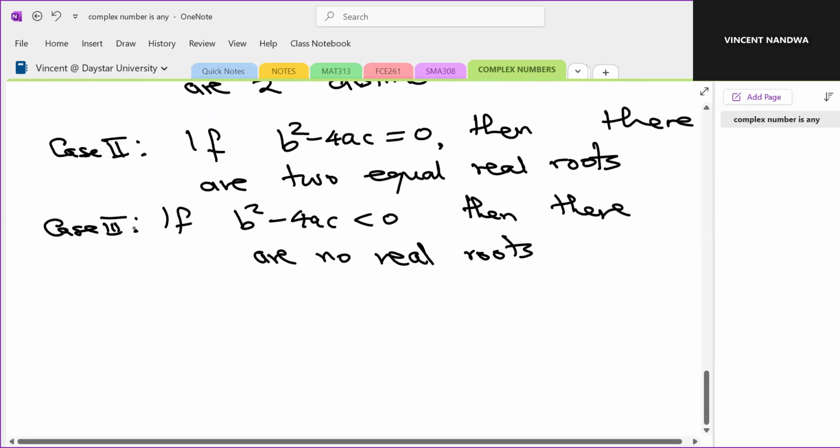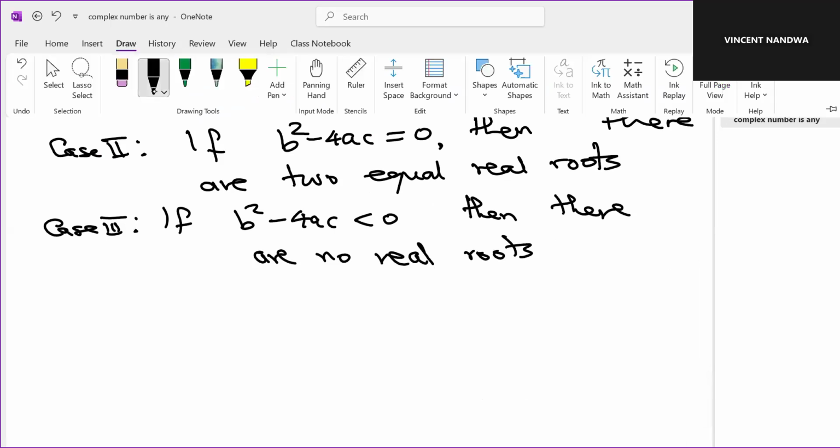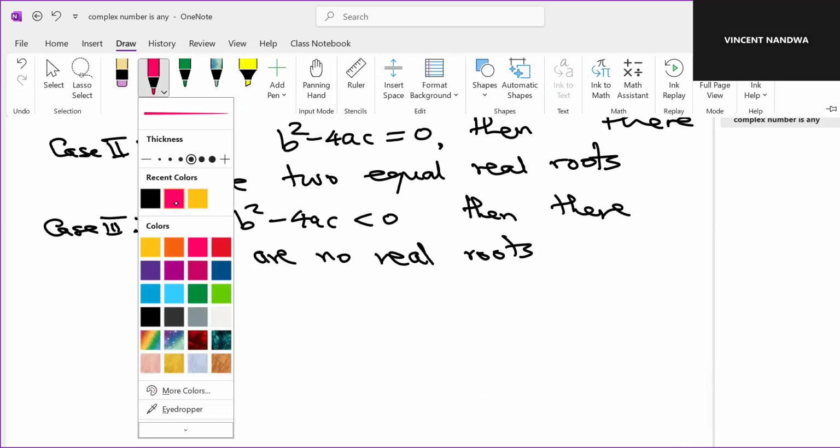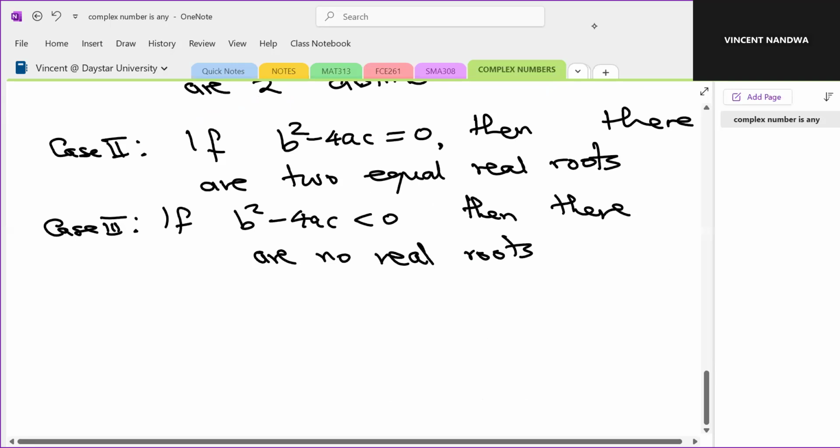So when the discriminant is negative, then you will not get a real number when you get the square root of a negative number. And so that is actually what motivates us to discuss this special set of numbers called the complex numbers.